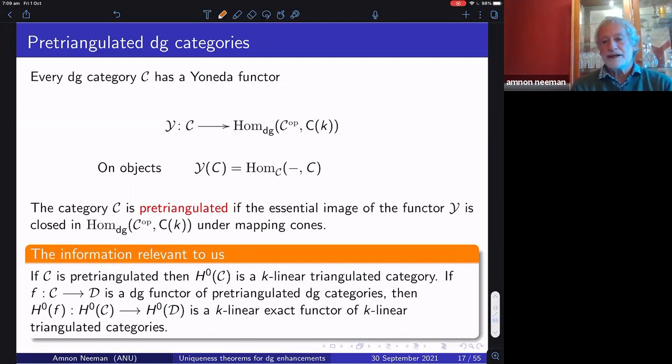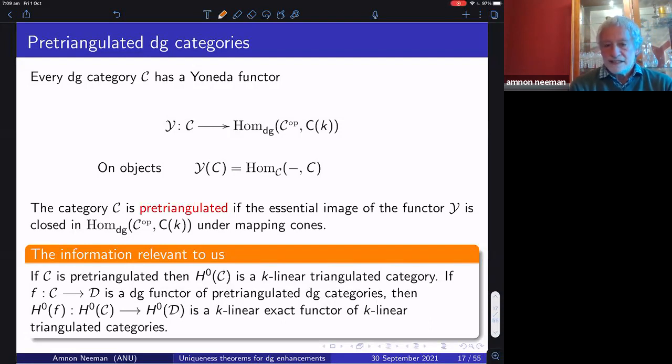In the category of functors from C up to CK, you can form mapping cones, and the category is called pre-triangulated if the essential image of the Yoneda functor is closed under mapping cones. And what's relevant to us is that anytime you have a pre-triangulated DG category, H naught of C is a K-linear triangulated category.